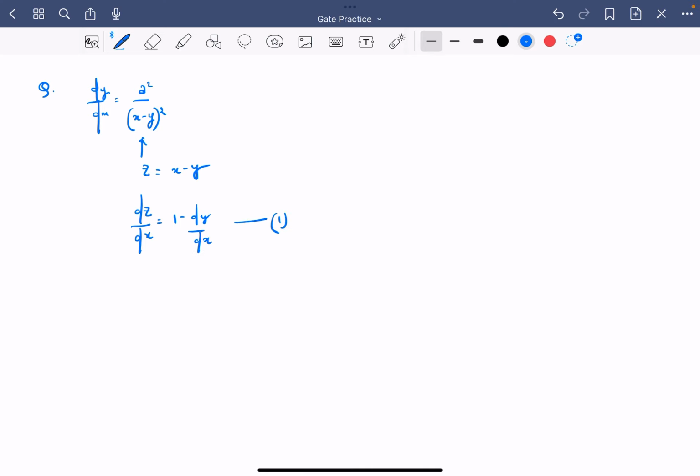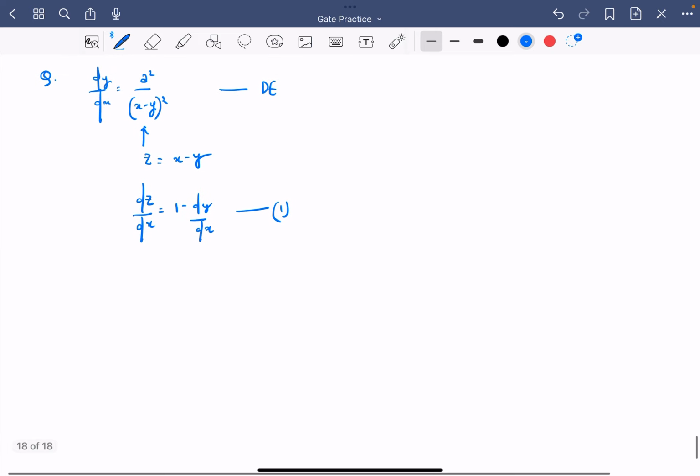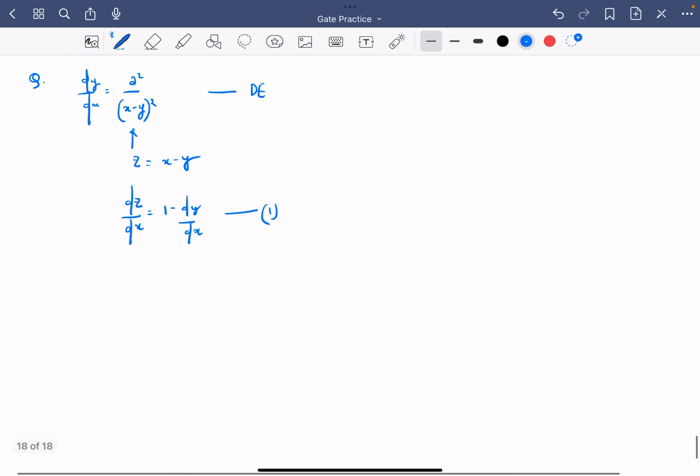Let this be equation 1. Put equation 1 in this differential equation. You take dy by dx is equal to 1 minus dz by dx.